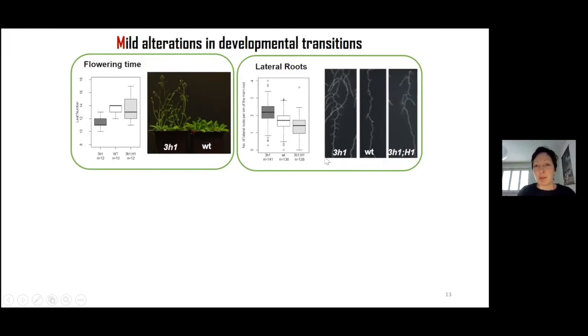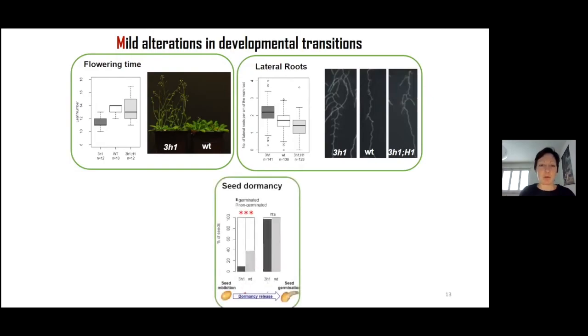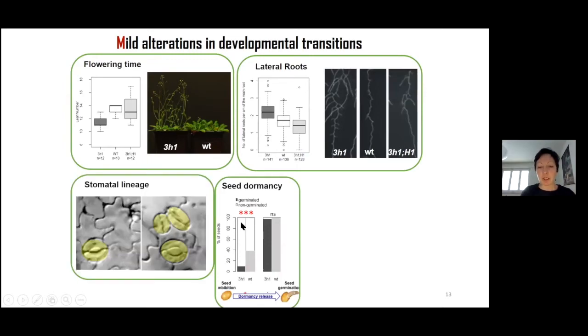Triple mutants also tend to produce a bit more lateral roots than the wild type, so they have a higher frequency of lateral root initiation. It is another developmental transition in the root. Seed dormancy is also affected in the mutant, and we have a clear effect, especially in very young seeds after harvesting.